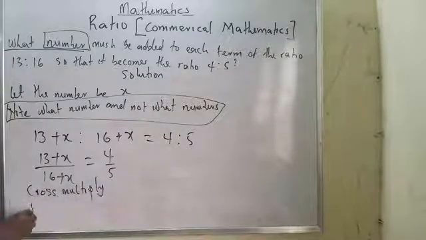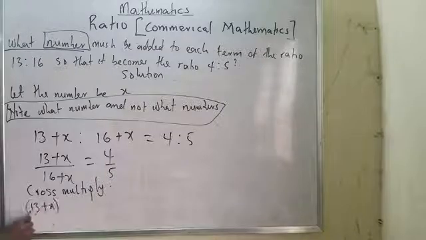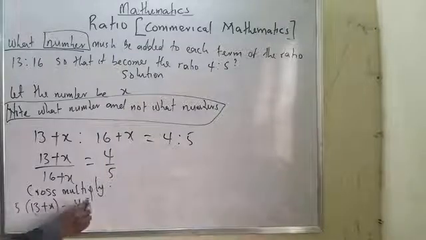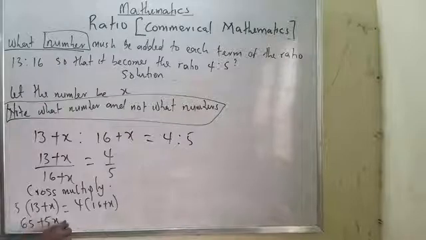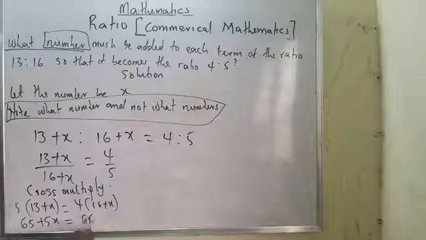I will have 13 plus x over 5 equals 4 over 16 plus x. Now I open the brackets. I will have 65 plus 5x equals 64 plus 4x.